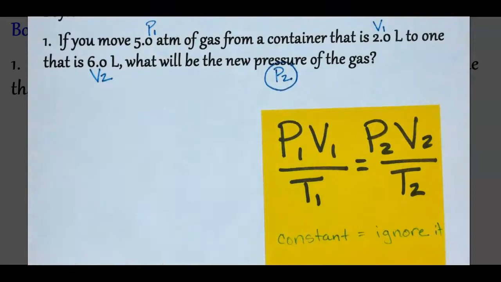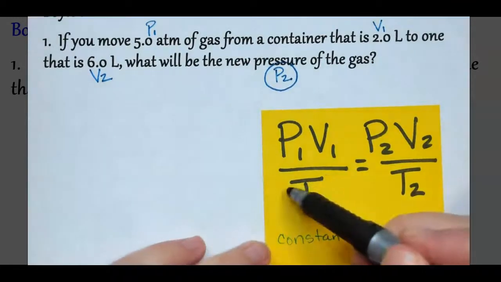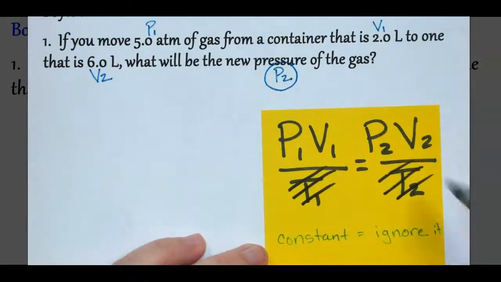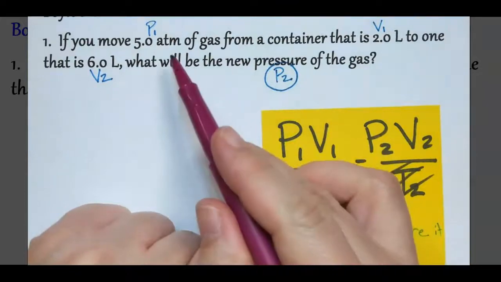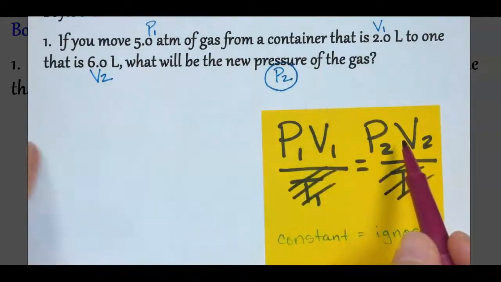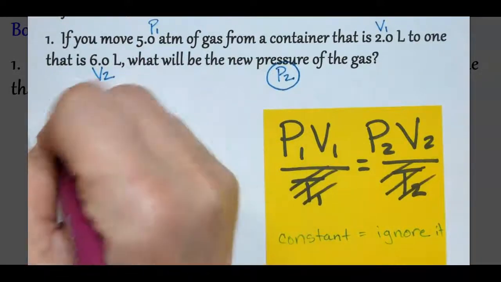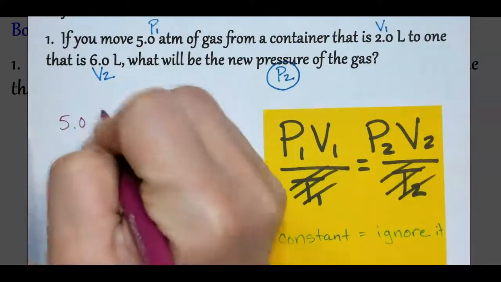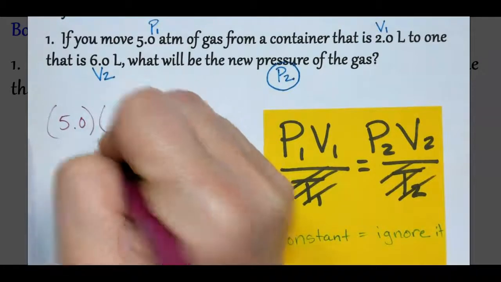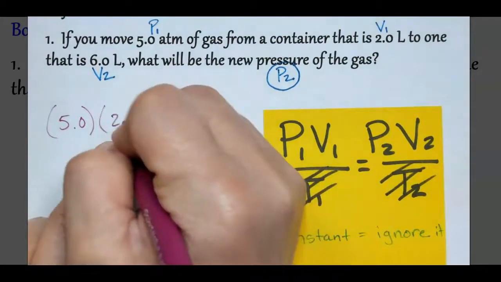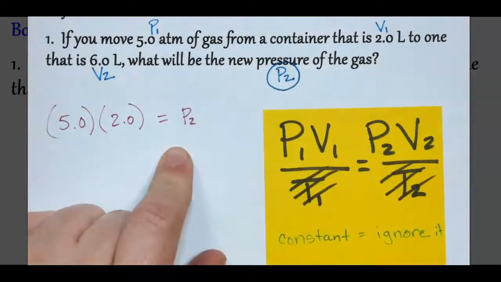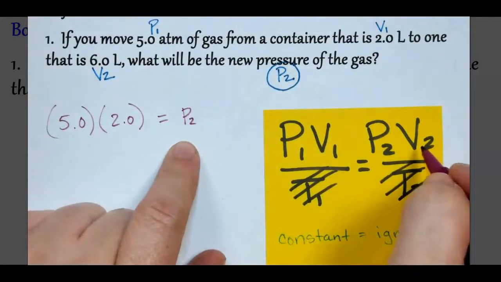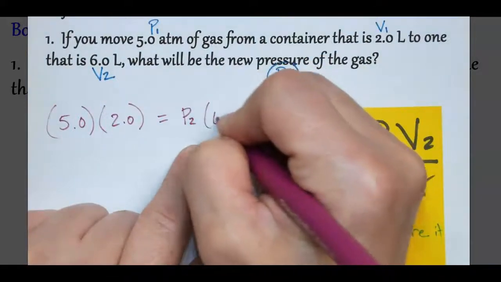Notice that they did not give us temperature anywhere in the problem, which is how I know that I can ignore the temperature in the equation that was given to me. So now we can take our numbers given to us in the problem and plug them in here. So P1 is 5.0 atmospheres times V1 is 2.0 liters equals P2, which is what I'm solving for, times V2, which is 6.0 liters.